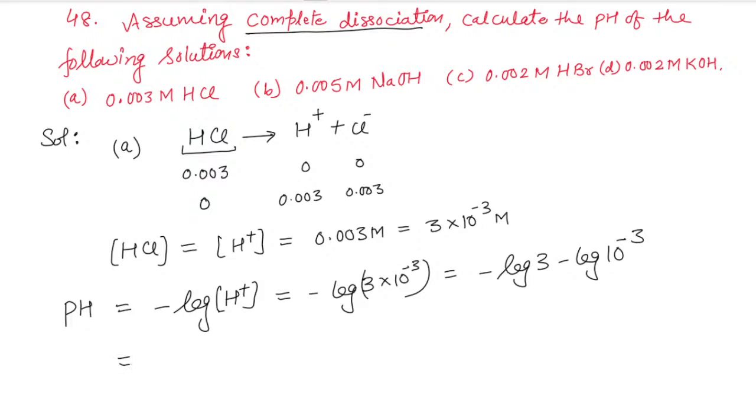So it becomes 3 minus log 3, because minus minus is plus, so plus 3 log 10, and log 10 is 1. So what is the value of log 3? It is 0.477. So it is roundabout 5.323.